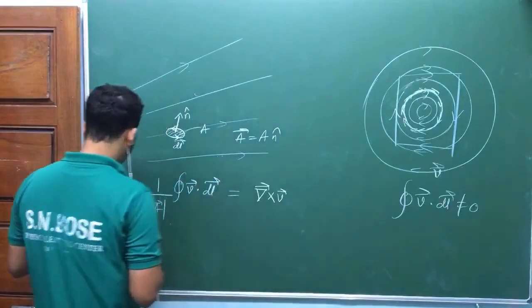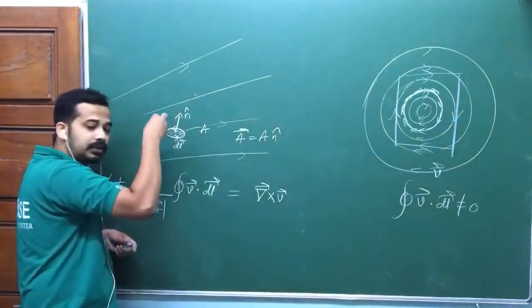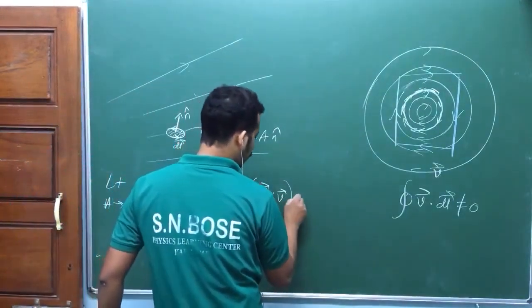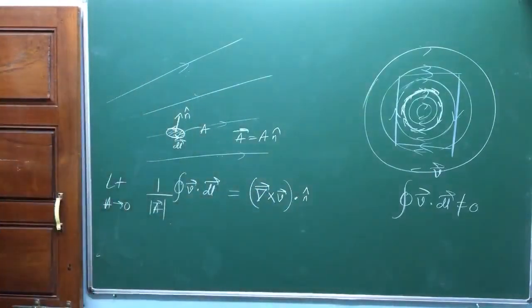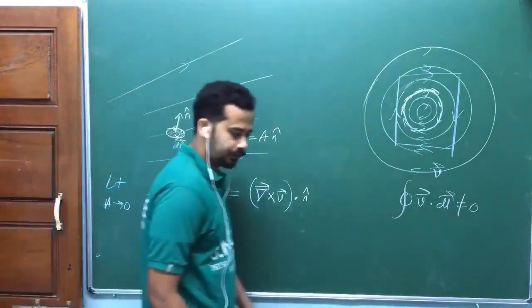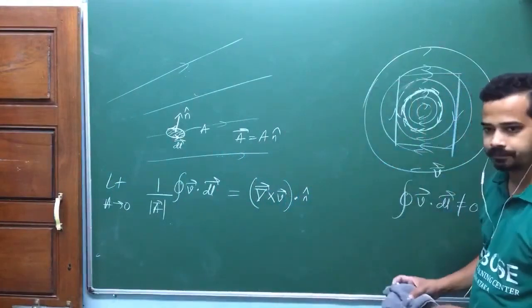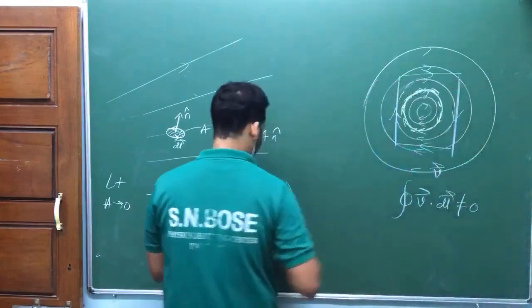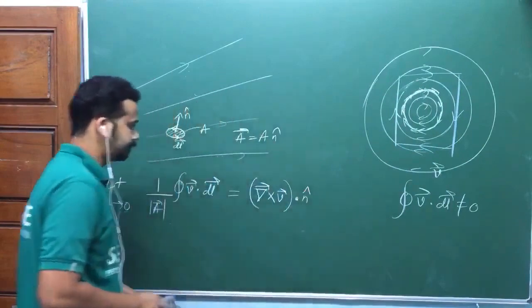Once you make area tend to 0, you can define these at some point, am I right? We can call it the curl of a vector field taken dot product with n cap. So this is the mathematical definition of the curl of a vector field, taken dot product with the unit vector along the area vector.